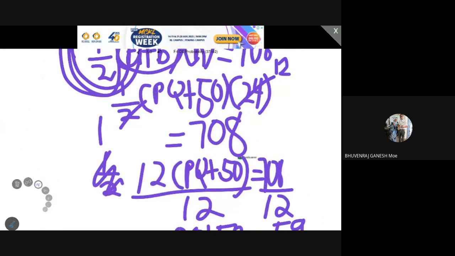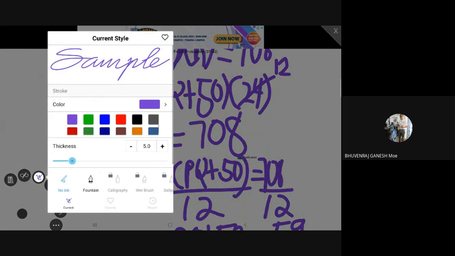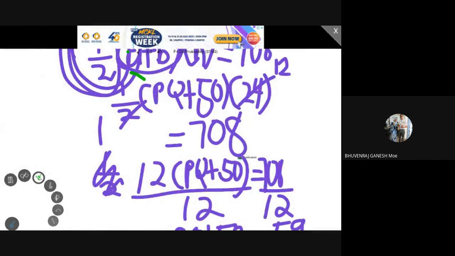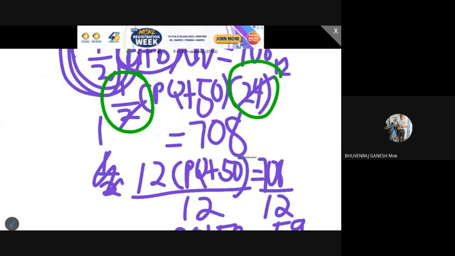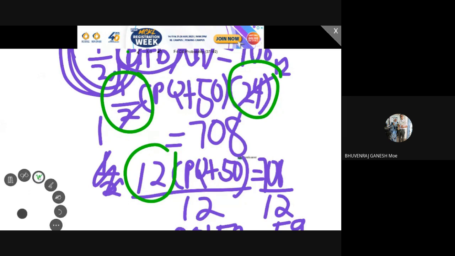Wait, I use a different color, then you can see. 1/2 kali 24, jadi kamu dapat 12. 2 dan 24 tu potong, bahagi 2 antara satu sama lain. 1/2 times 24, you get 12. Okay, next one.